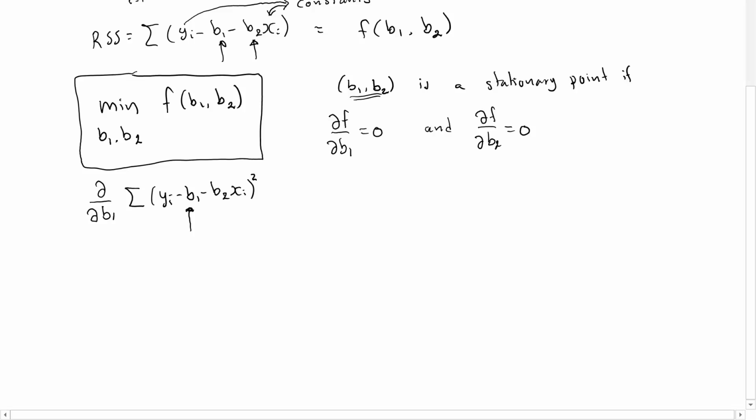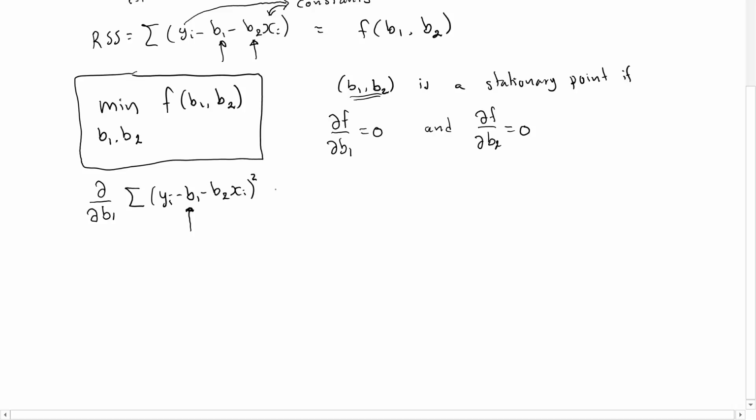So the first problem that we see is that we have a derivative of a sum. Fortunately, we have a nice rule for derivatives, which says that when you want to differentiate a sum, you can differentiate the elements in the sum and then just sum those derivatives.